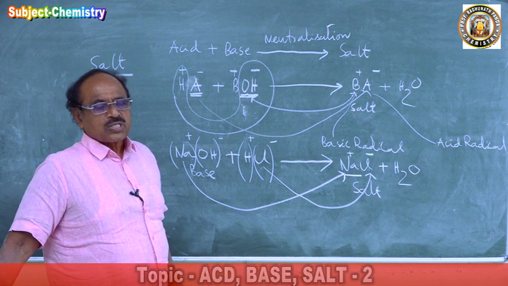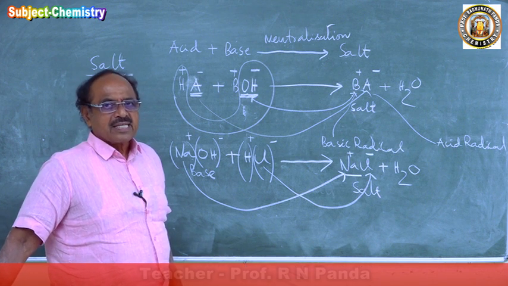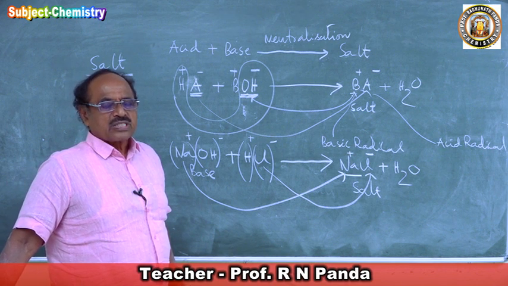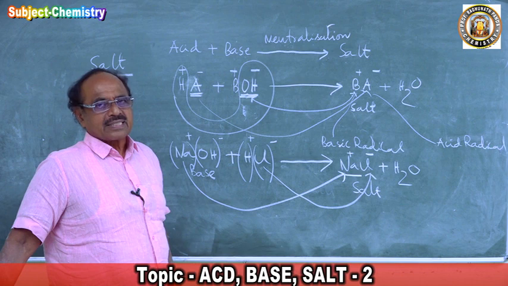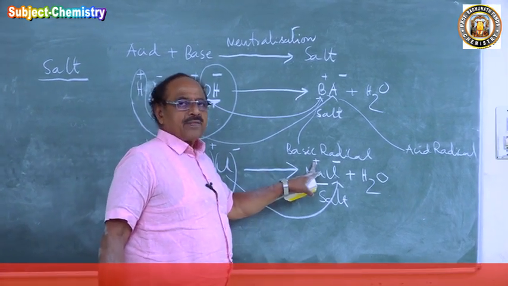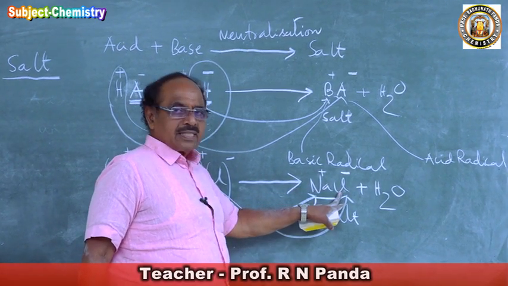The positive part of the salt, which comes from the base, is called basic radical. The negative part of the salt, which comes from the acid, is called acid radical. A positive charge is called cation, and a negative charge is called anion.